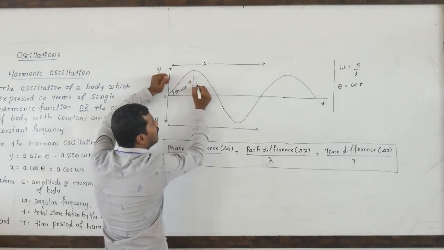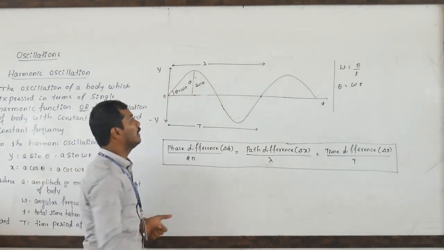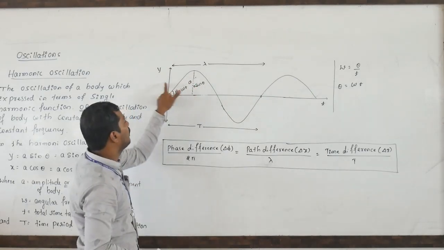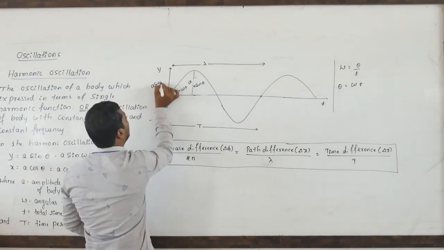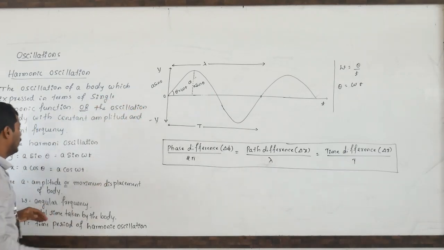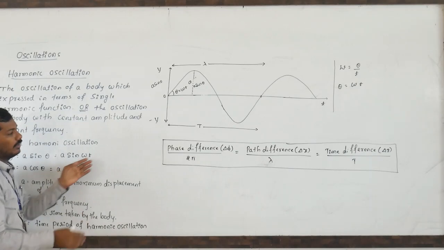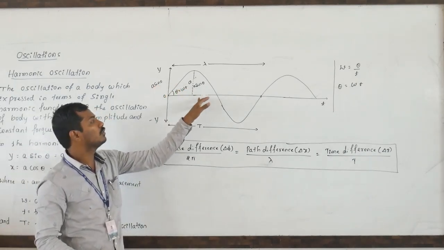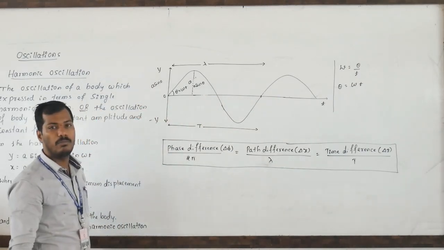The opposite side takes sin theta with its resultant, which is considered as A. So y displacement is equal to what? Y is nothing but A into sin theta. And x is its other component, that is A cos theta. And theta is equal to omega t. Then you can write sin omega t and also cos omega t: x as A cos omega t, y as A sin omega t.